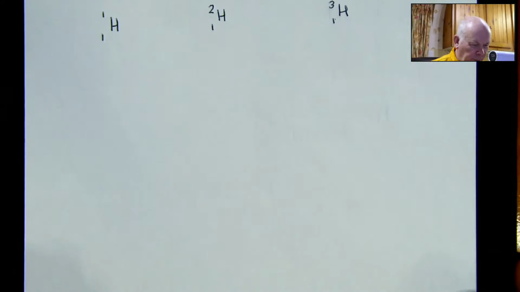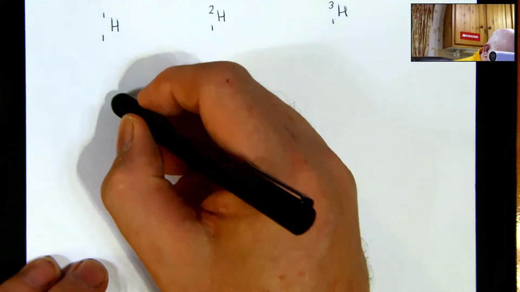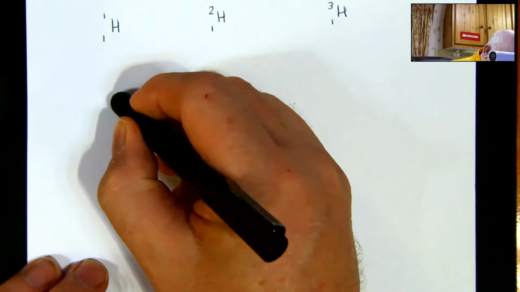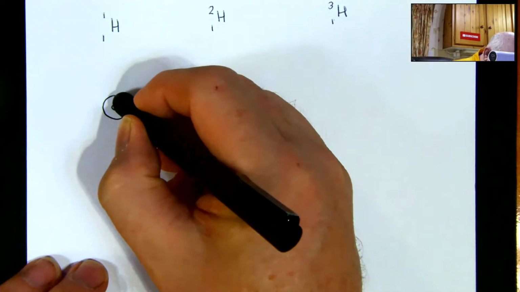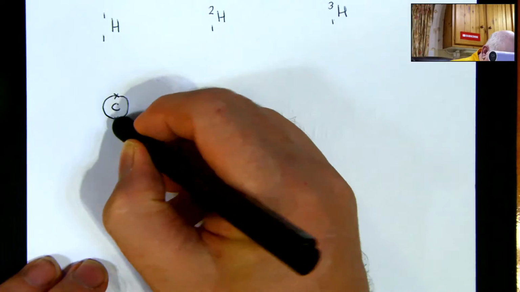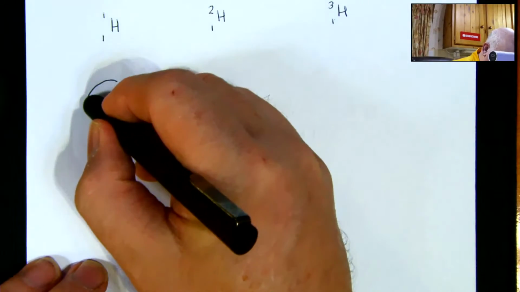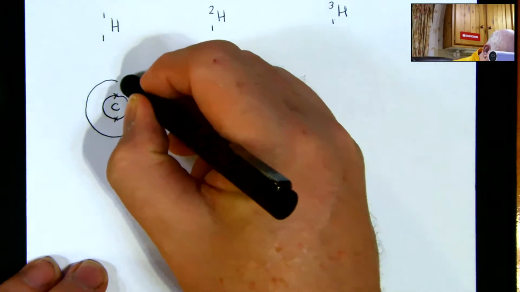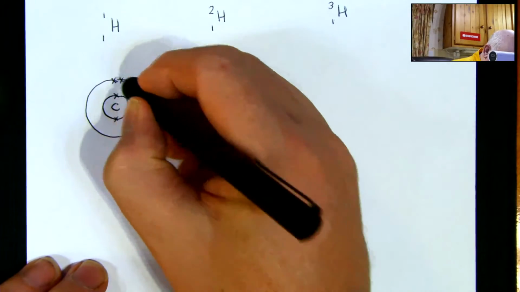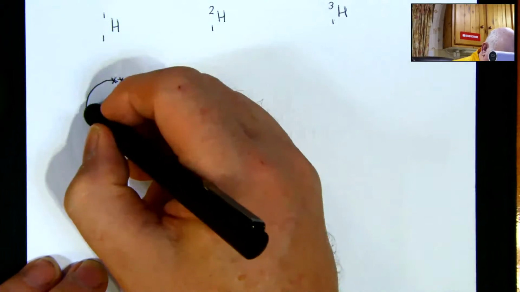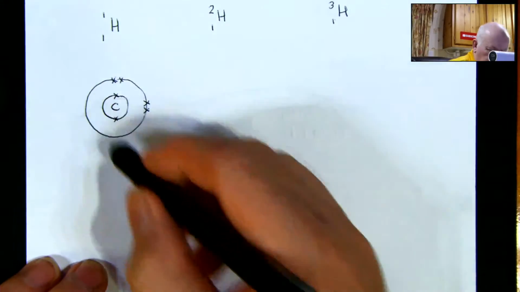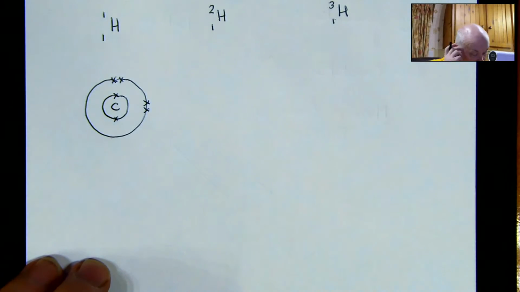Let's look at carbon. Carbon is again fairly similar. We've got 2 electrons here, and we've got 1, 2, 3, 4 electrons in the outside layer.